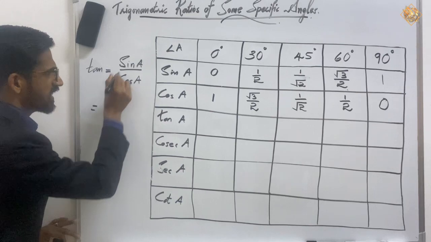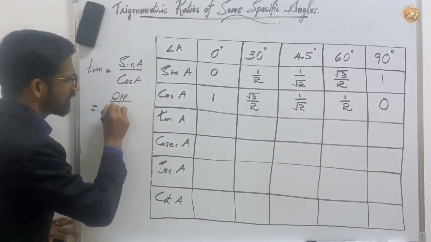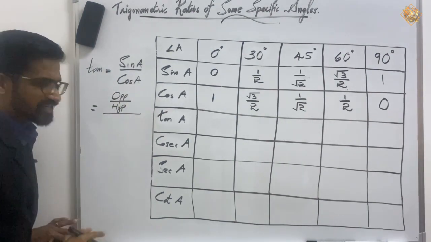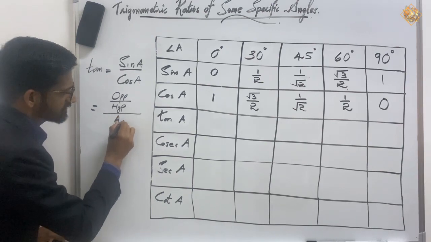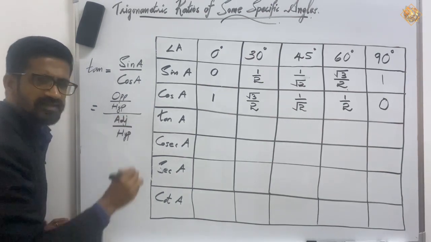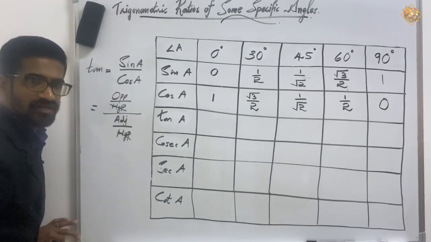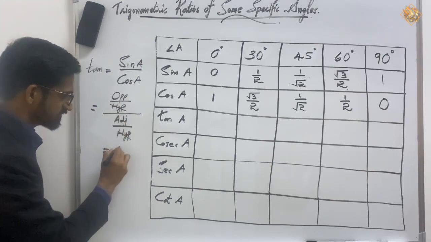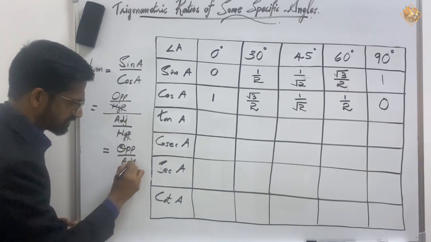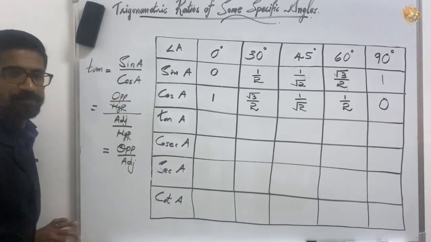Sine, by definition, is opposite by hypotenuse. Cos is adjacent by hypotenuse. So this hypotenuse we can cancel. What remains is opposite by adjacent. Opposite by adjacent is the definition of tan.